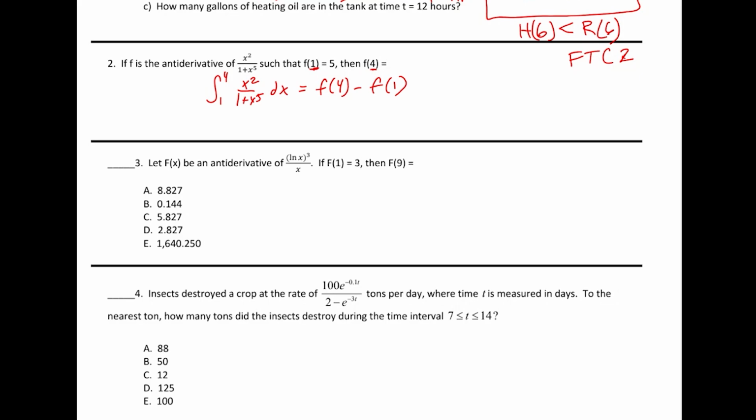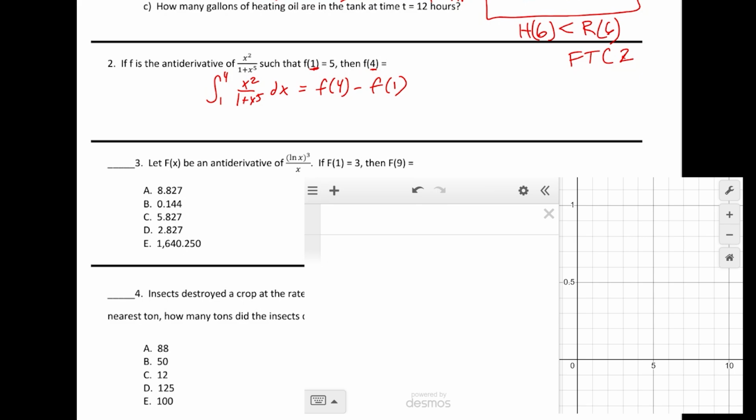So over here in Desmos, let's just take a quick look and see what that graph looks like. We've got x squared over 1 plus x to the fifth. And so, yeah, it's kind of hard to see exactly what's happening here. We're going between 1 and 4.